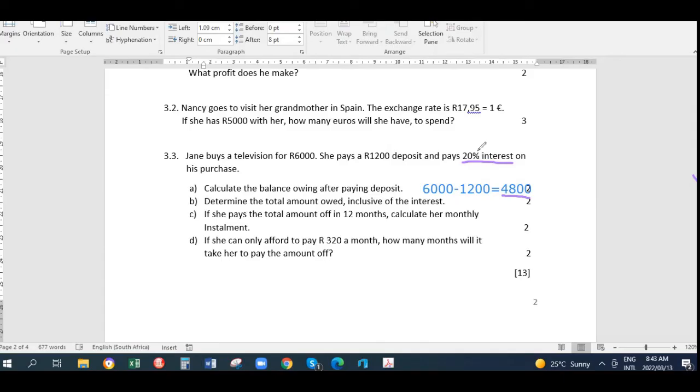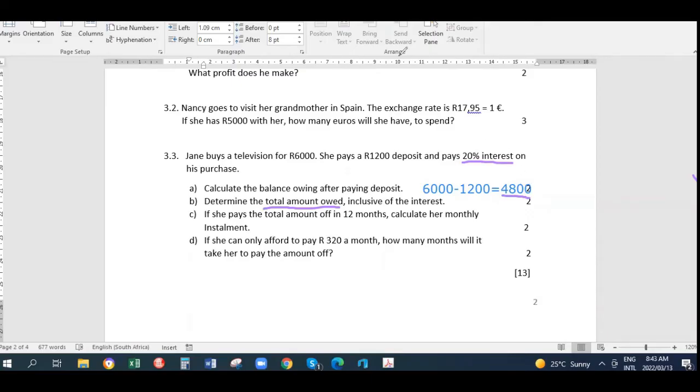So you're going to pay 20% interest on the 4,800. And when you work out the interest, you still have to pay the 4,800 because they want you to work out the total amount owed. So it's 4,800 and the interest.